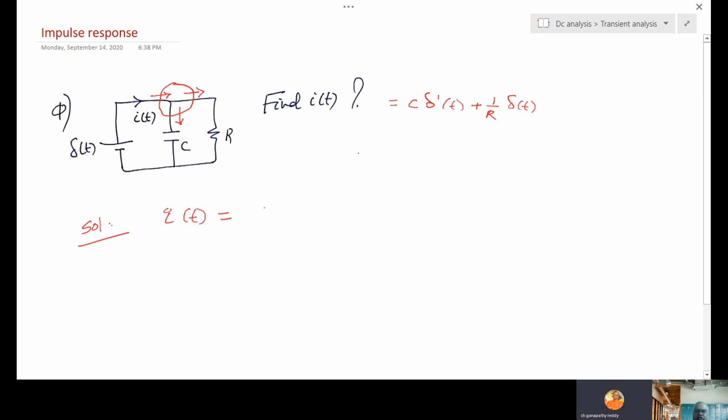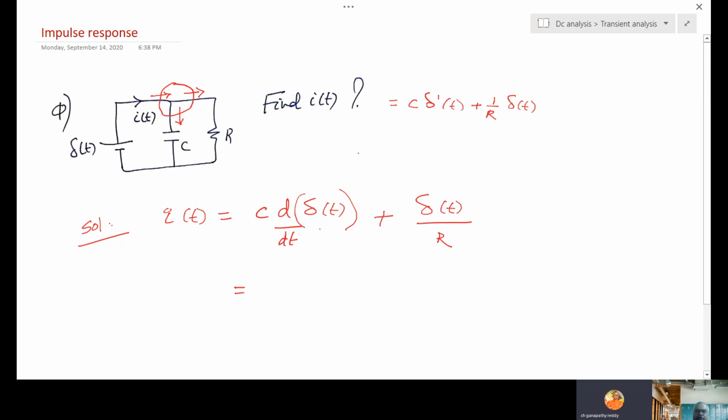But what is iC? C d/dt of the voltage applied here, delta of t, plus the current flowing through the resistor, which is also voltage by resistor.